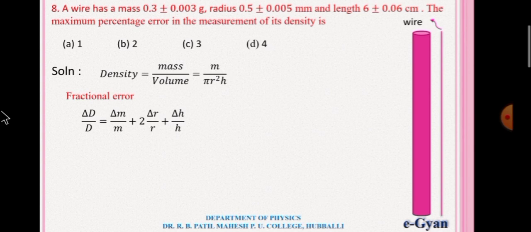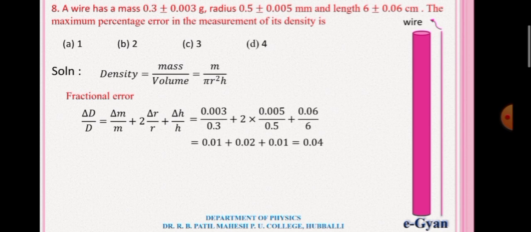Substituting these values, we get 0.003 divided by 0.3 plus 2 into 0.005 divided by 0.5 plus 0.06 divided by 6. The simplified values are 0.01 plus 0.02 plus 0.01. See, when we simplify this, we get 0.01.